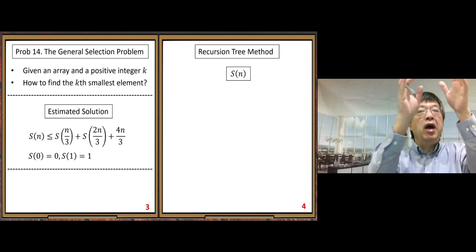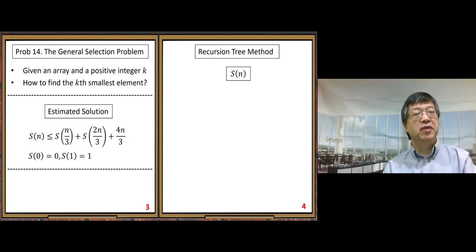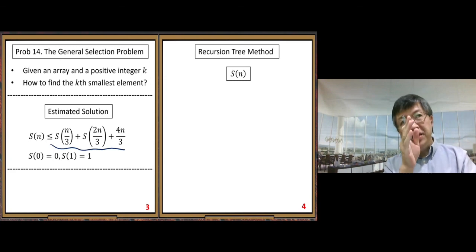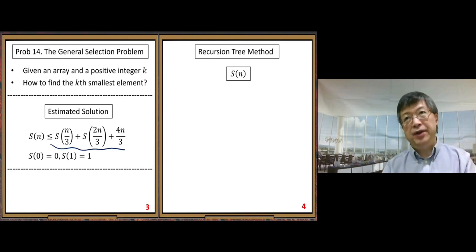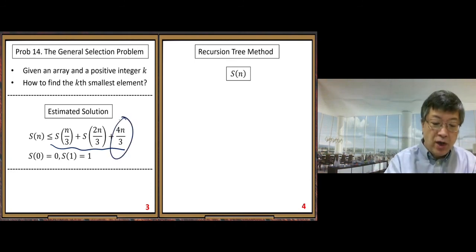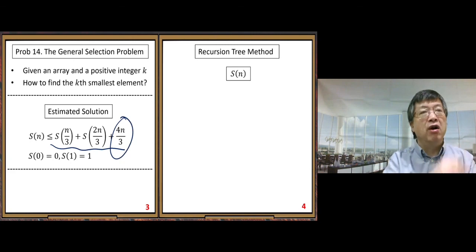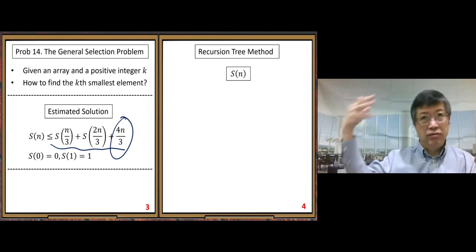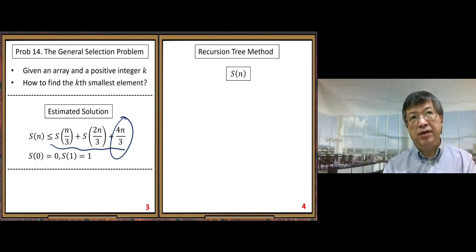The root is our S of n function. Then, based on this inequality, you can see two parts. The first part is the non-recursion term, 4n over 3. So we can add that part directly.